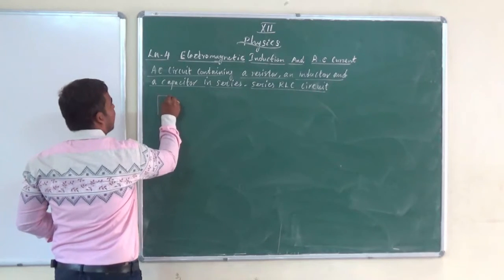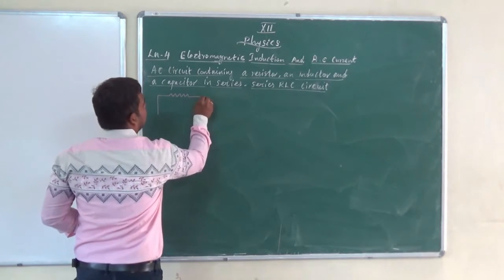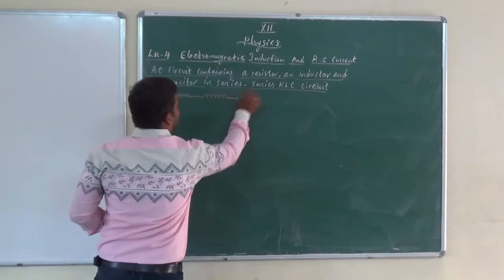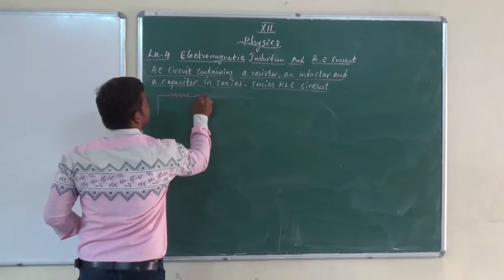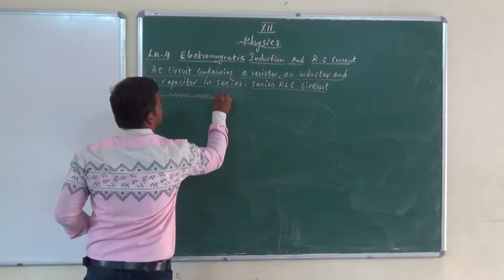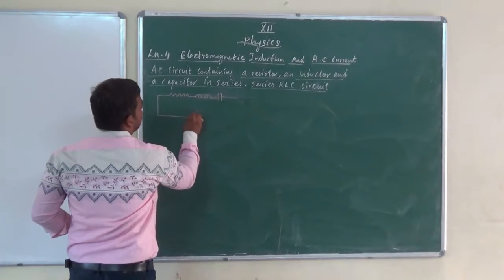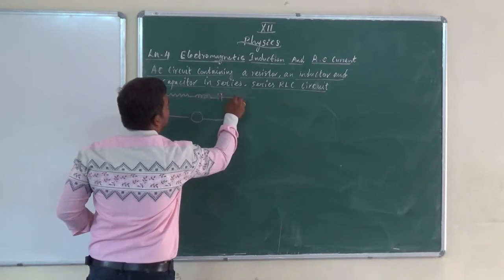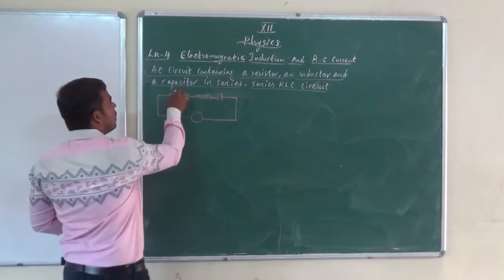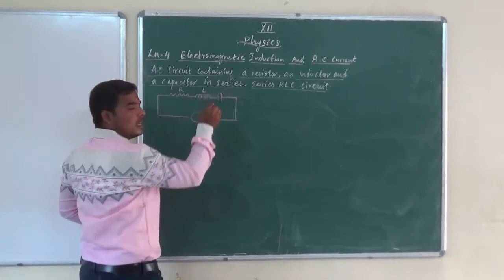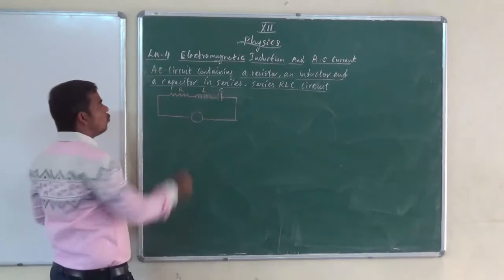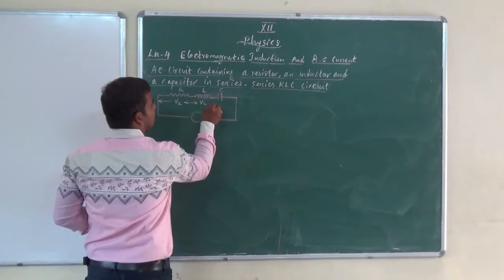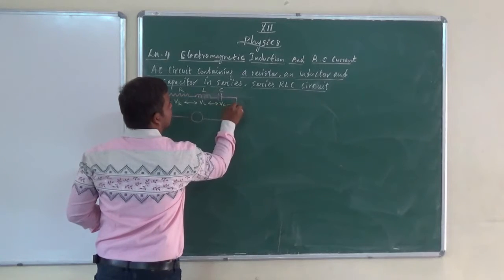The AC circuit containing resistor of resistance R, inductor of inductance L, and capacitor of capacitance C. Then the voltage drop across the resistor is VR, the voltage drop across the inductor is VL, and the voltage drop across the capacitor is VC.